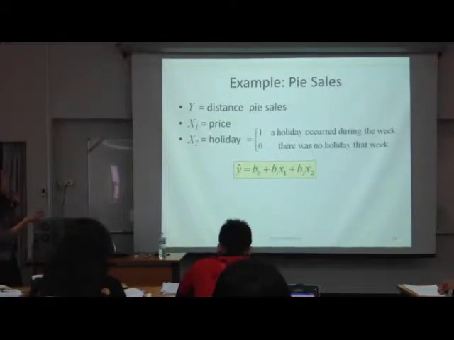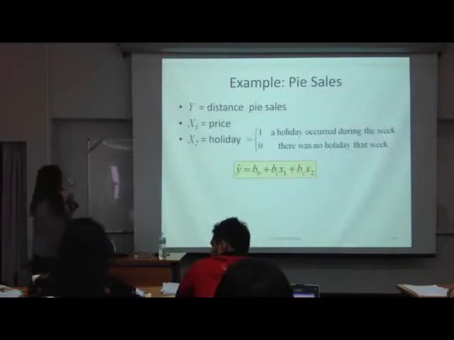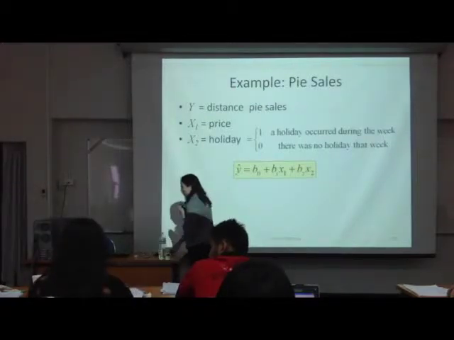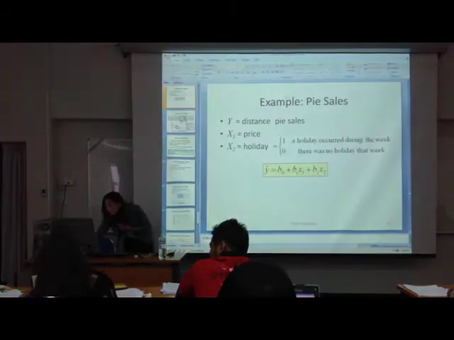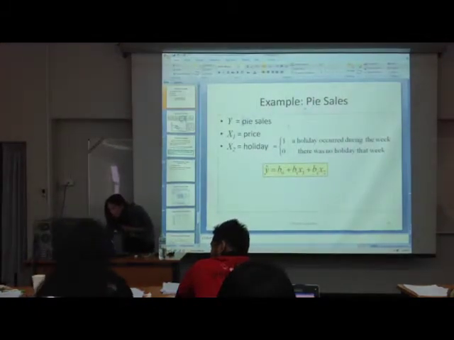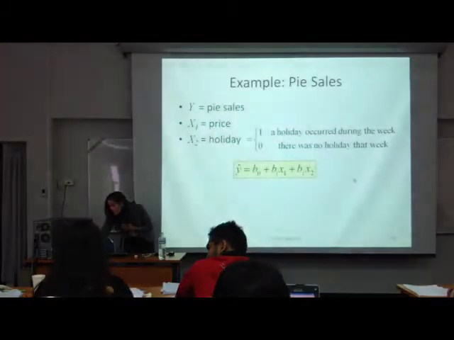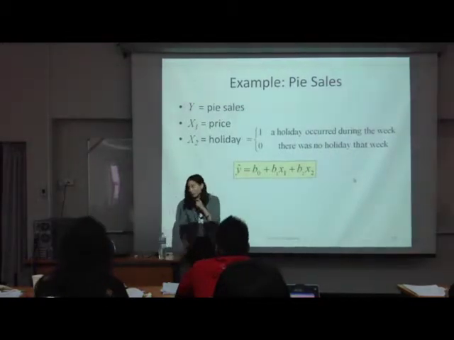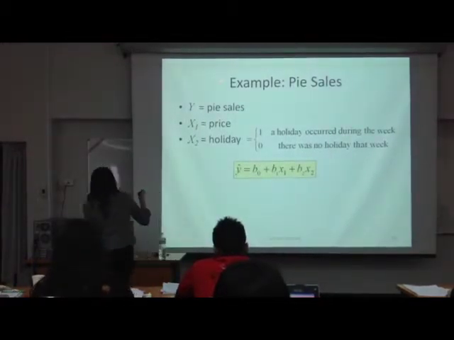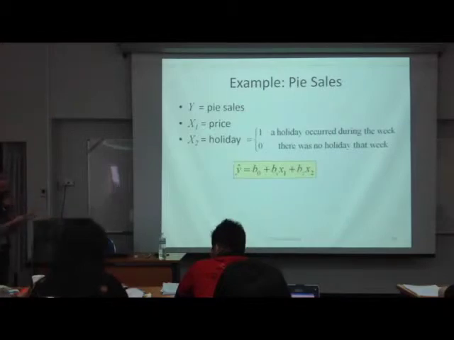In this example, okay, the response variable is pie sales and x1 is price, but price is a quantitative variable, so we don't have to do anything with that.